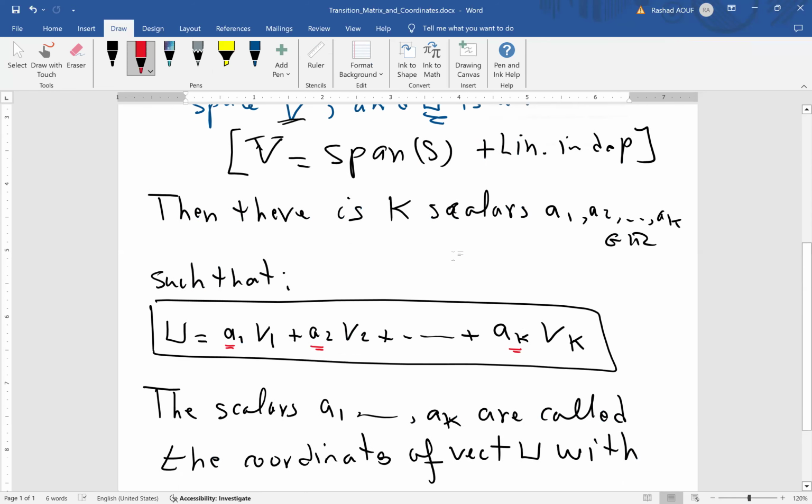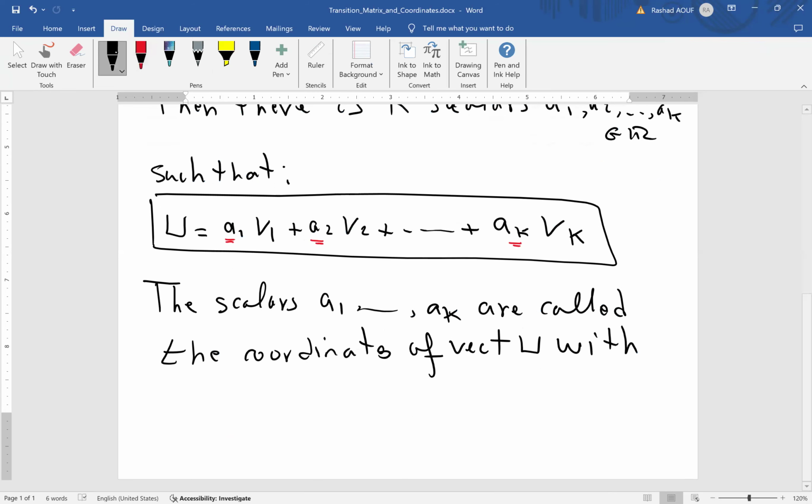With respect to the basis S. Is that clear?